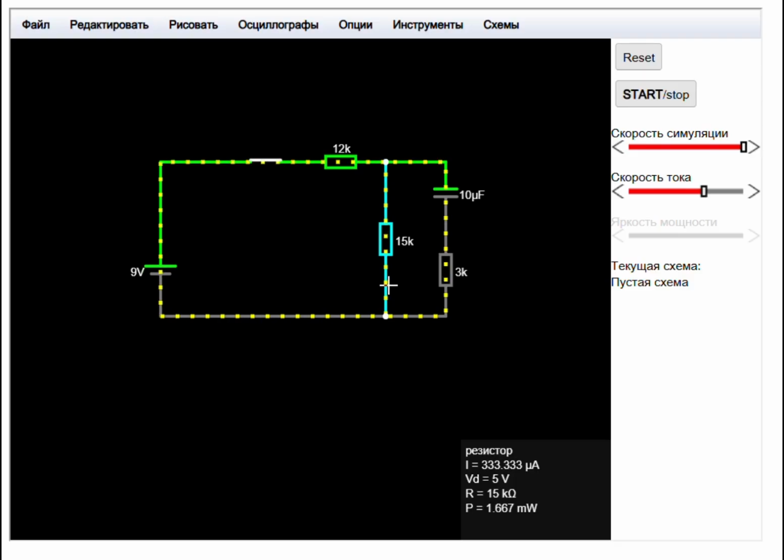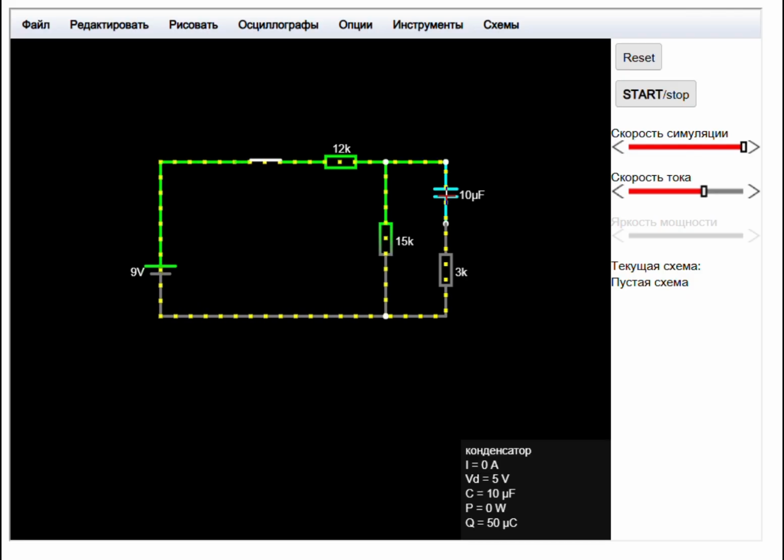In the second case, they asked how much charge the capacitor will gather in it. The capacitor shows 50 microcoulombs, which we found.